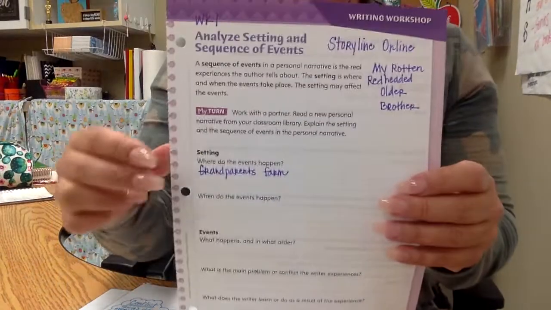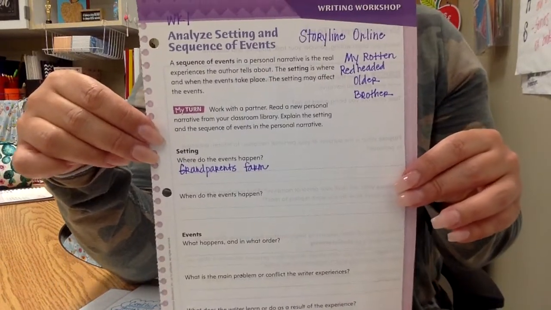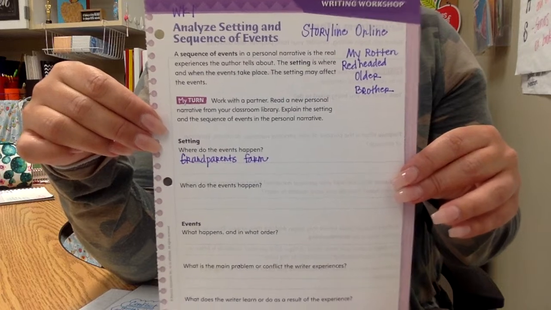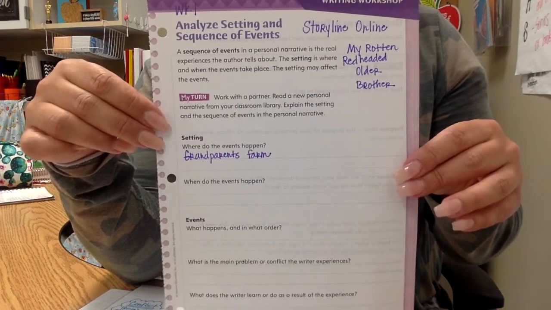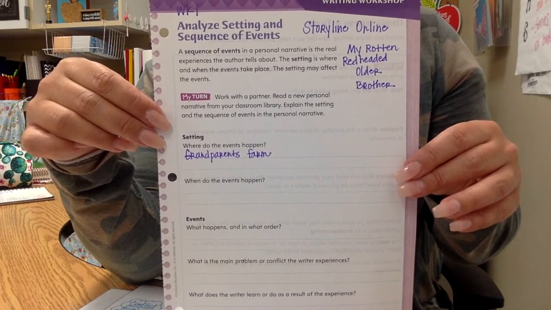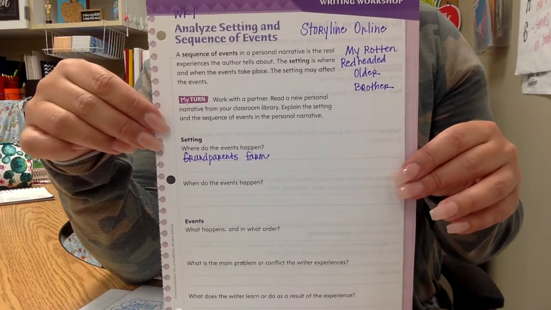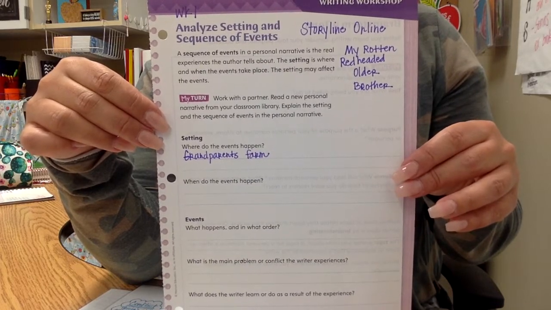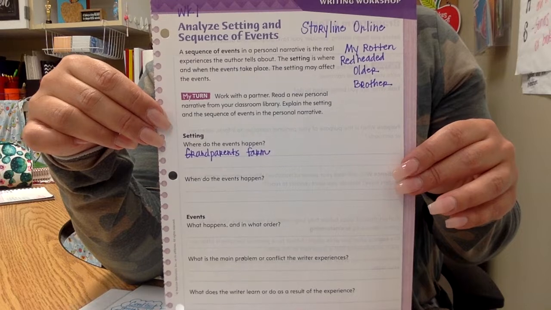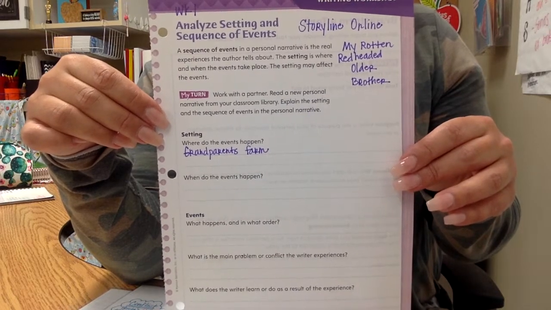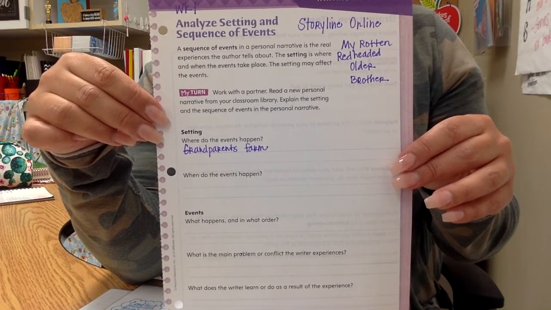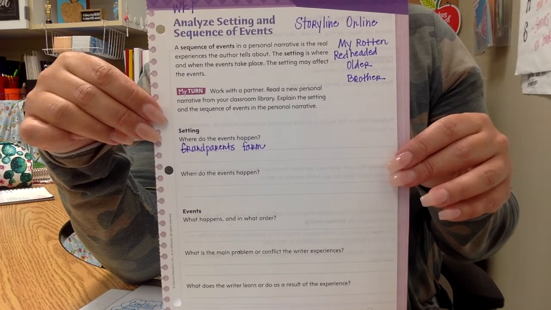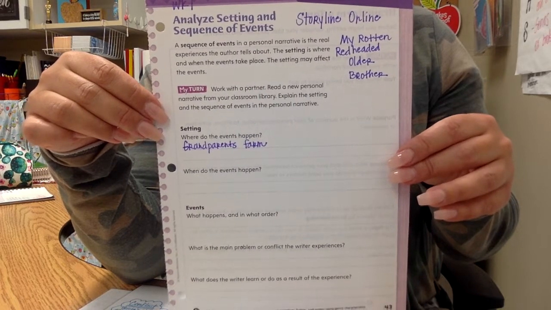So that is this page right here. So you're going to use Storyline Online. My Rotten Redheaded Older Brother is the story that you're using. A sequence of events in a personal narrative is the real experience the author tells about. The setting is where and when the events take place. The setting may affect the events, okay?